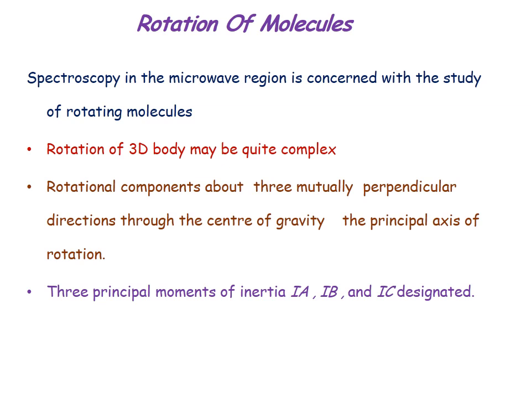Thus, a body has three principal moments of inertia, one about each axis. They are designated as IA, IB, IC.